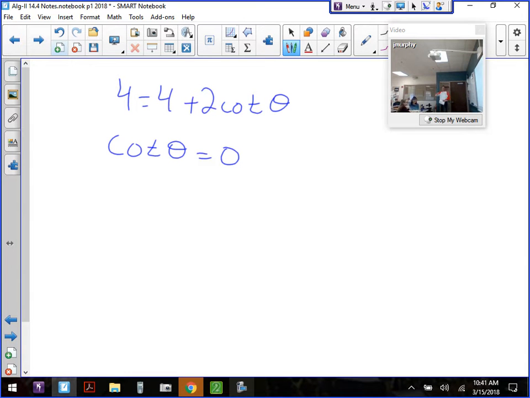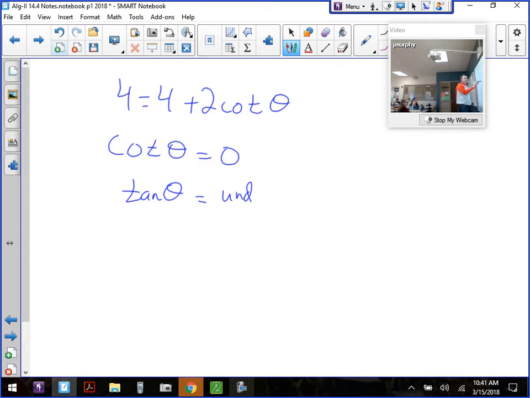Because now, cotangent is the reciprocal property of what? Tangent. If I flip cotangent to get tangent theta, what's the inverse of 0? Whoa, say it! Undefined! Which means if I have 0 over 2, it's now 2 over 0.